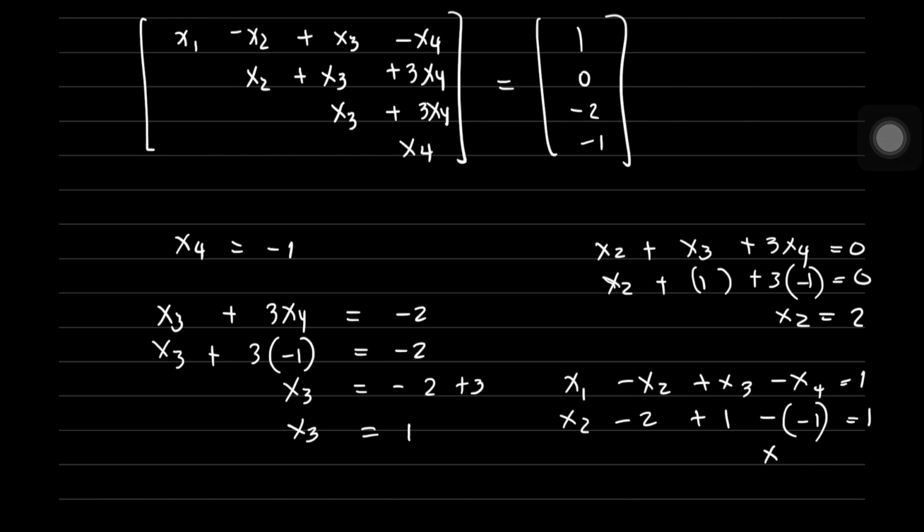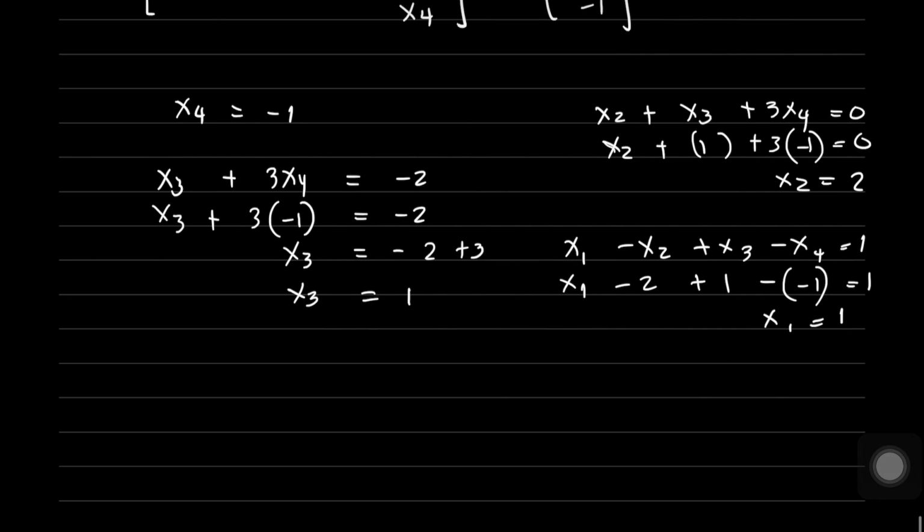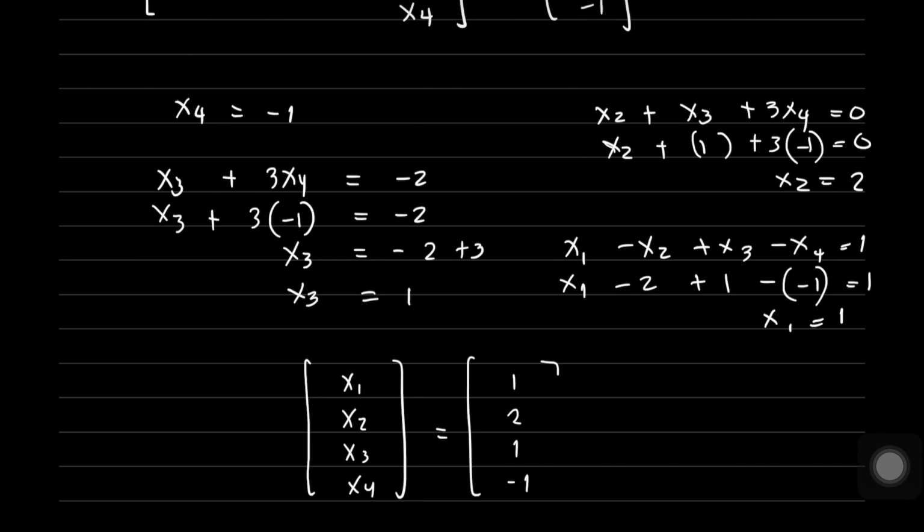Let me start here first: negative 2 plus 1, so that's negative 1, plus 1, so that's equal to 0. And this would now be equal to 1. Alright, so x1, x2, x3, and x4 are 1, 2, 1, and negative 1 respectively.